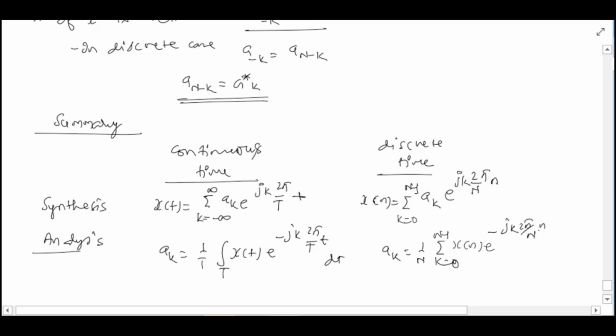We see a symmetry in synthesis and analysis equations in both cases, namely the signs of the exponents in the complex exponential reverse. In synthesis equations, we have positive exponents, whereas in analysis equations, they become negative exponents.